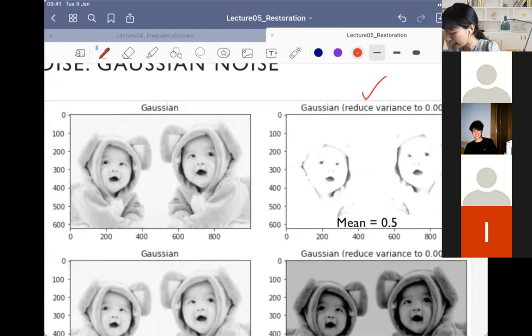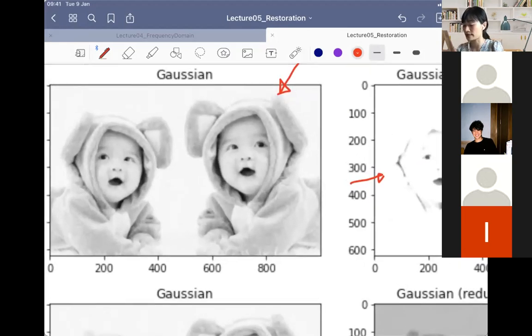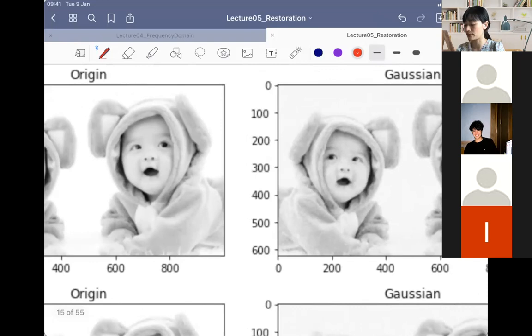But yeah, it actually has the Gaussian noise inside. But for the original mean value and the variance, you will see that there's some noise in an image, and it has different intensity. It's not only black and white, but many different intensities compared to the original image.